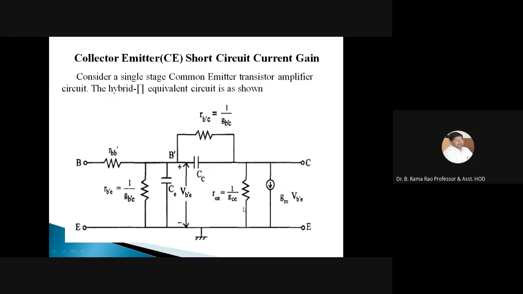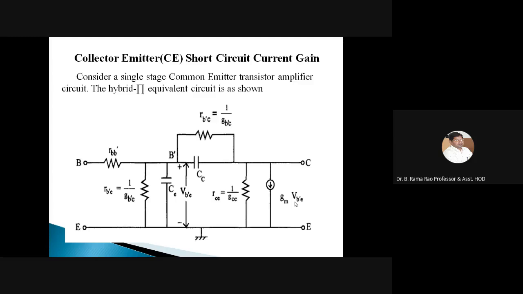There is no RC and no RL. Remember this: when the output is short circuited, RL is equal to zero, and RC and RL disappear.